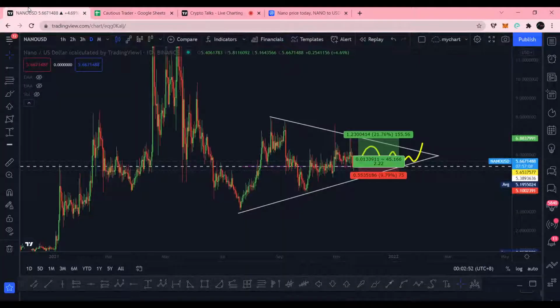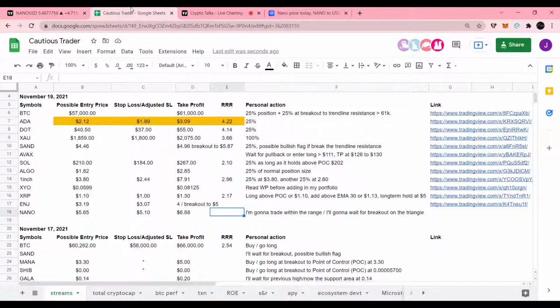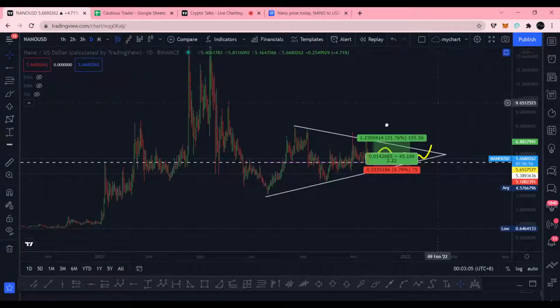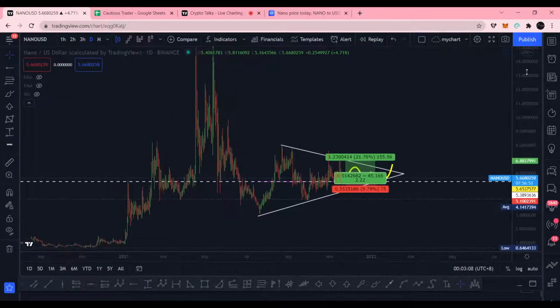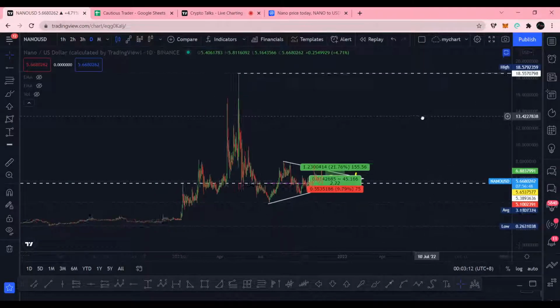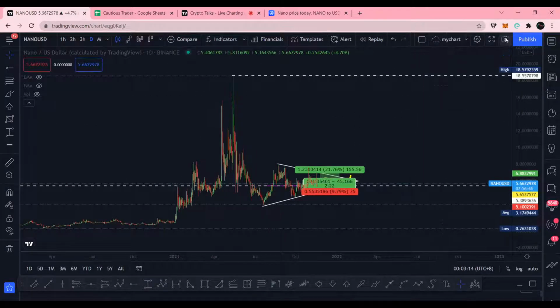That's a 2.22 RR. And then I'm going to take that.